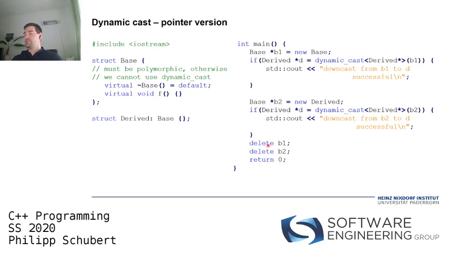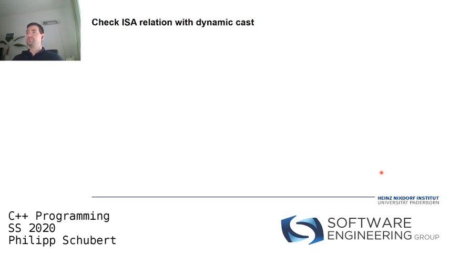And of course, we also need to delete b1 and b2 such that we get rid of the dynamically allocated objects here. So we can also check an is-a relation with a dynamic cast. With the dynamic cast you check basically an is-a relation.